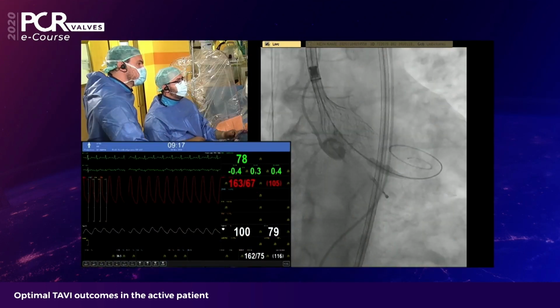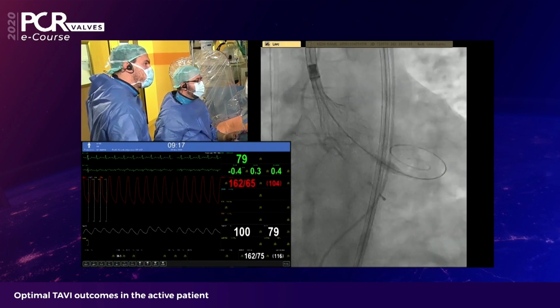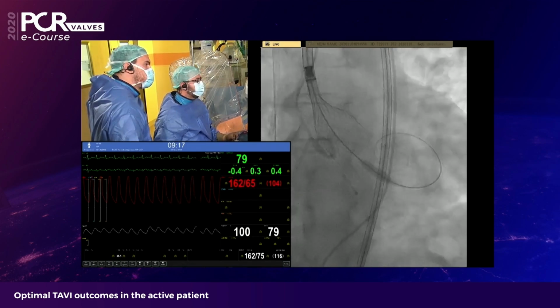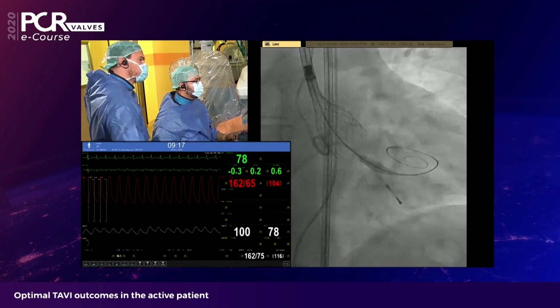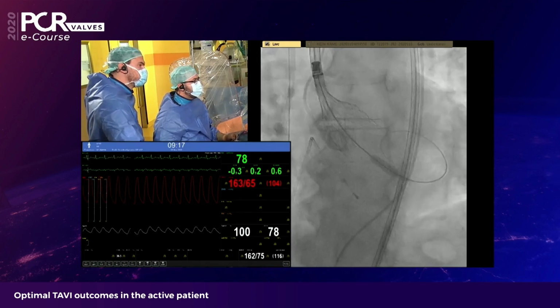So let's see what the outcome was and how you managed to keep the device at target. Okay. So still a bit of parallax here. It's important, and you see that we are taking our time. If you're going to implant high, it's important that you make sure you're not too high.